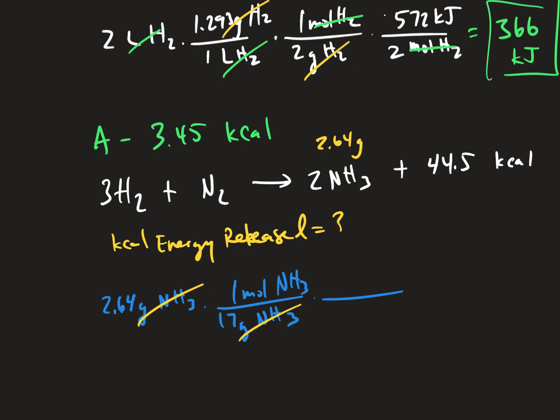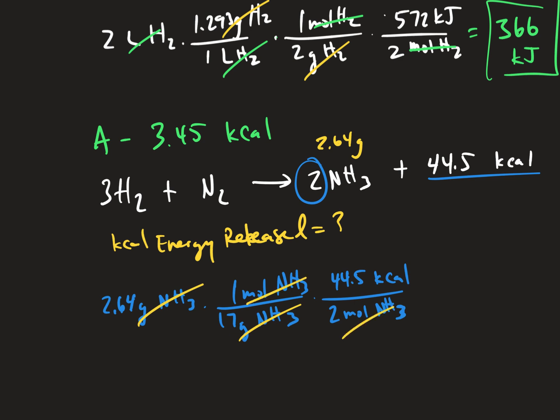Kilocalories. Yeah. So we're just going to convert moles to kilocalories. So how many moles of NH3 go on bottom? 2, because that's the coefficient in front of NH3, right? 2 moles of NH3 to how many kilocalories? 44.5 kilocalories.